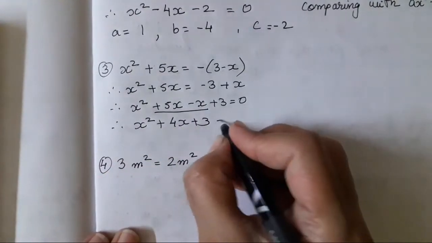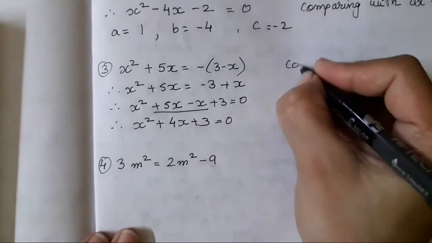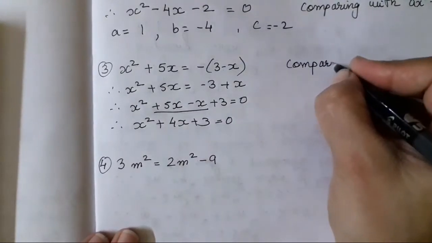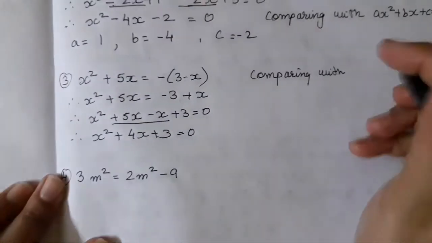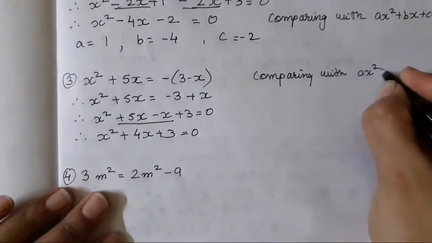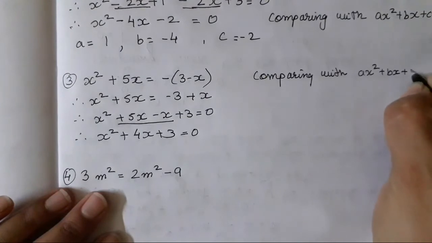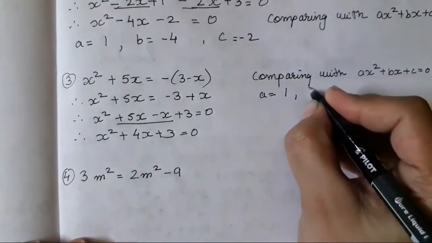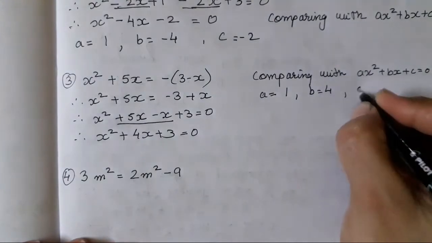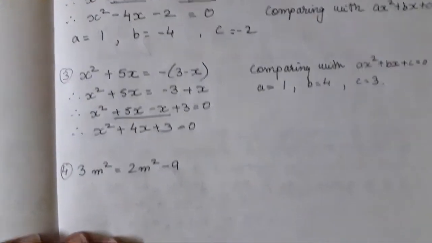You will have to subtract it. Now, comparing with ax square plus bx plus c is equal to 0, a is 1, b is 4, c is 3.